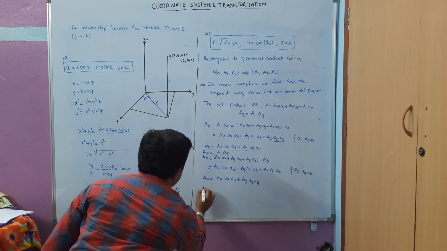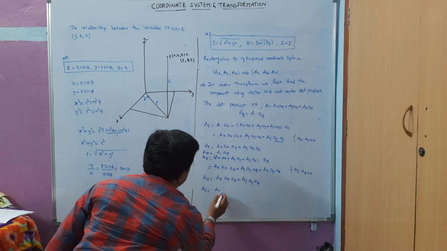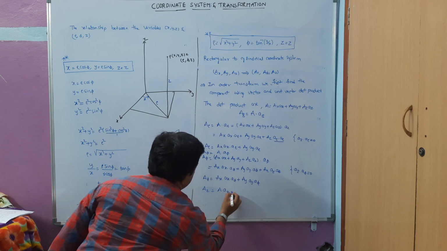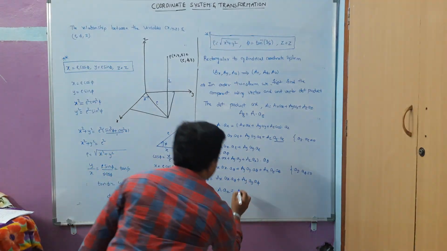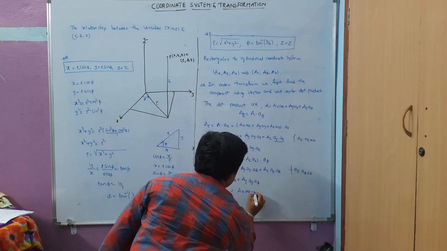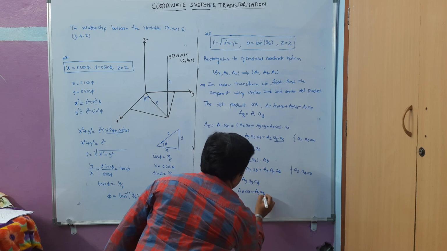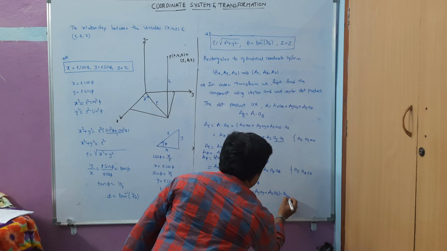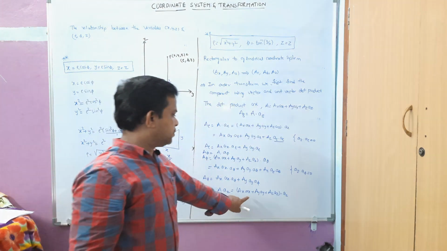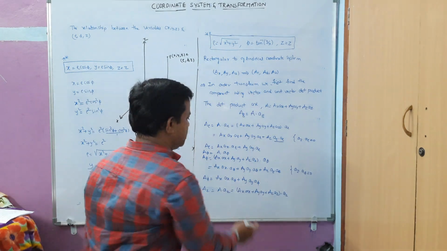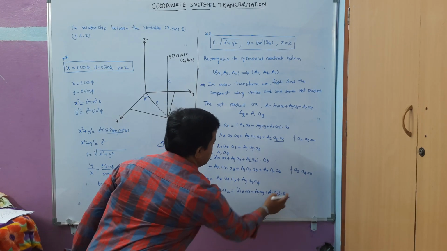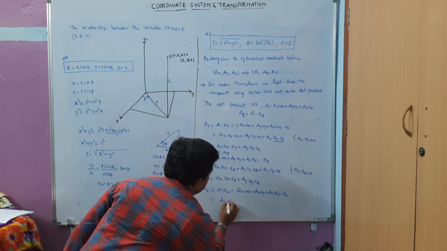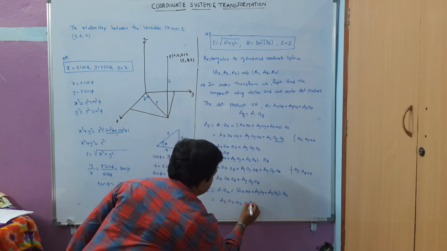Next, I have to take az is equal to A dot az. Similarly, what I get here is ax plus ay plus az dot az. The dot product of the different vectors is 0 here: ax dot az is 0, ay dot az is 0, and we are only left with az dot az, which is 1, so I get az only.